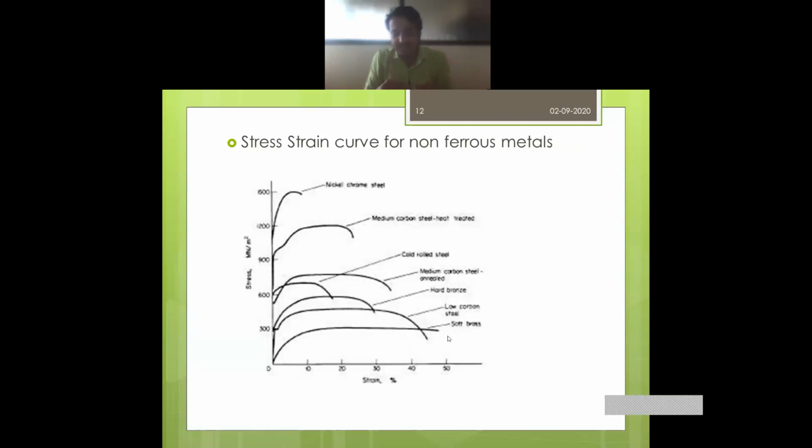What is this criteria then? This concept is called ductility. Ductility means if I keep on stretching, if you imagine a rubber band, I don't have a rubber band handy. If I have a rubber band, when I stretch it, some rubber bands will stretch up to this length.